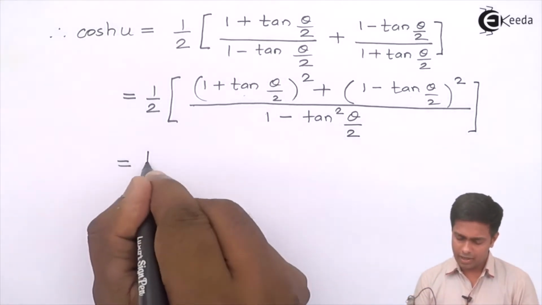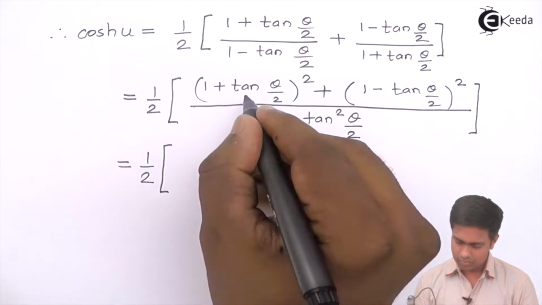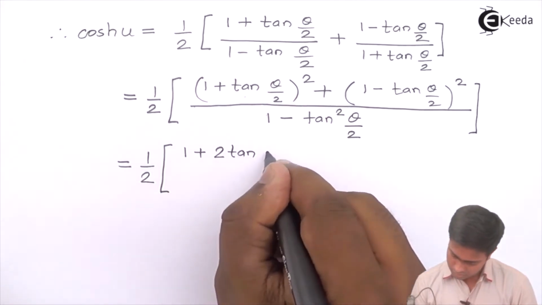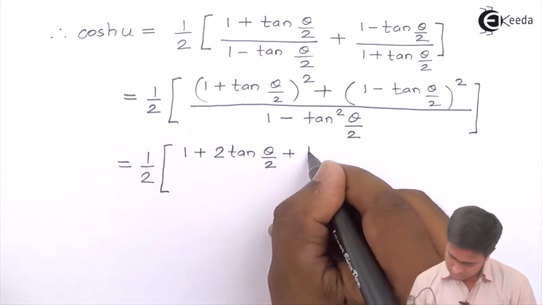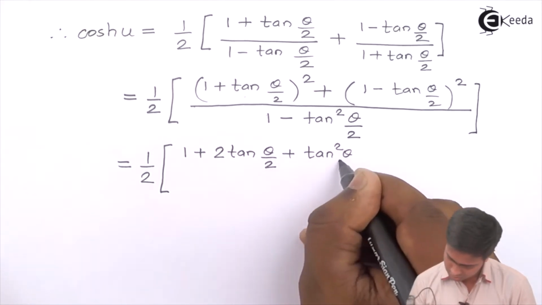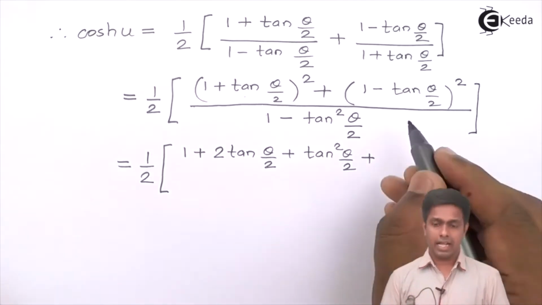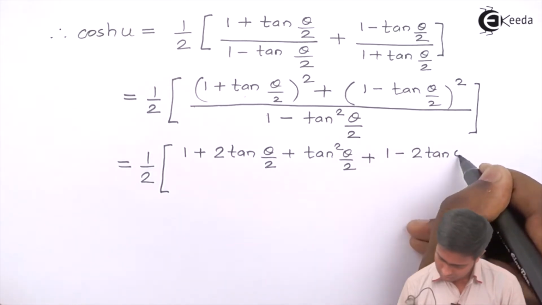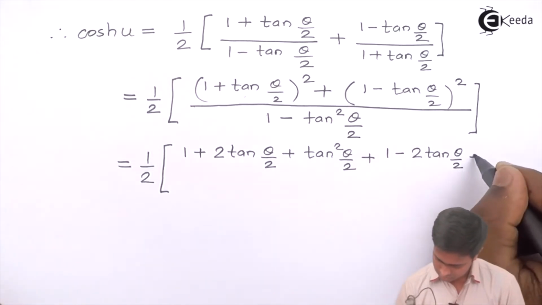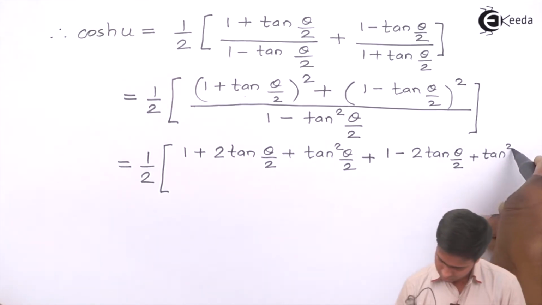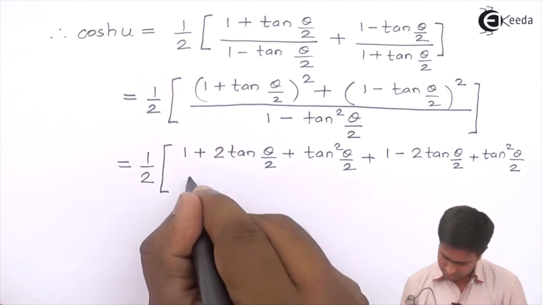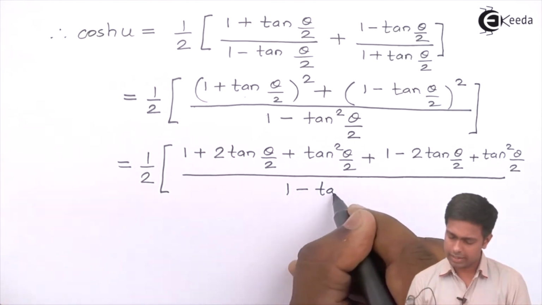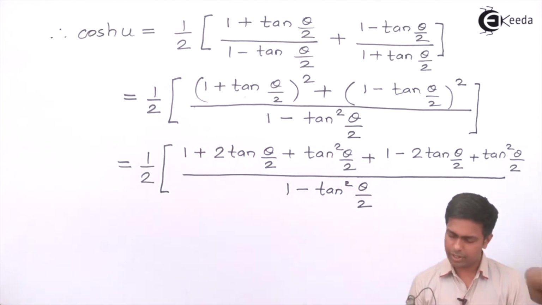So here we will get half times this, and this term is this, whole upon 1 minus tan square theta by 2.